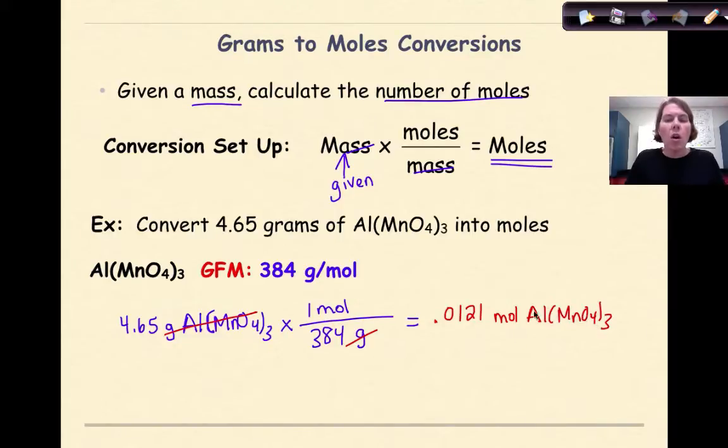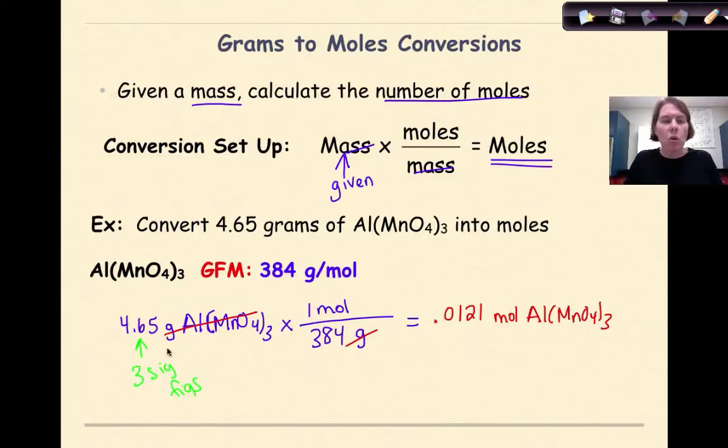AlMnO43. Now, when we talk about how many decimal places to go to at the end, you always go back to your number that's given to you. 4.65 has 3 significant figures, 3 sig figs. The numbers here are known as absolute numbers. So we don't take these into account when we're trying to figure out significant figures. So don't look at those and say, oh, that has 3 significant figures, but that only has 1, so I can only have 1 significant figure in my answer.